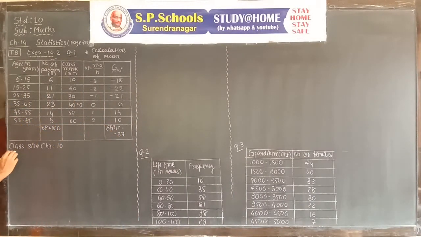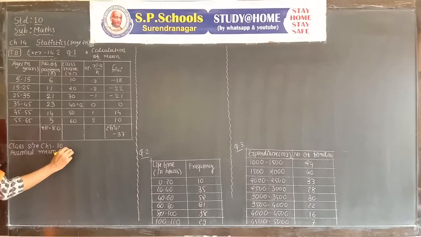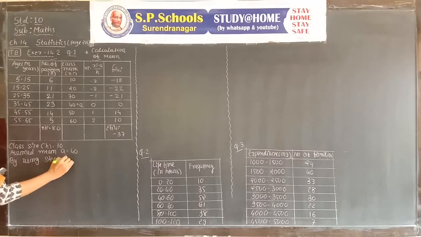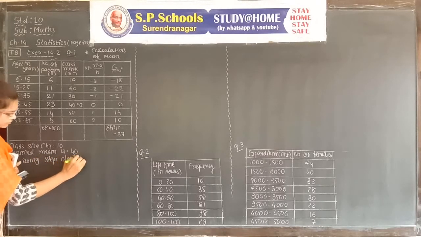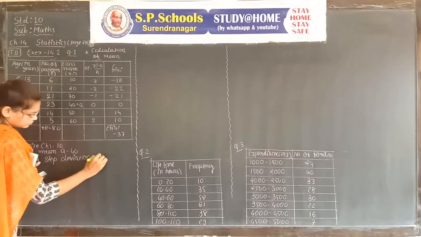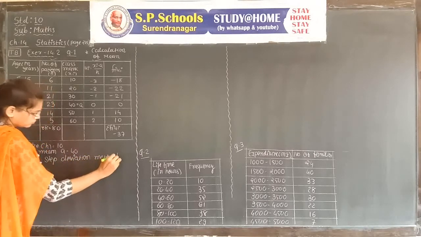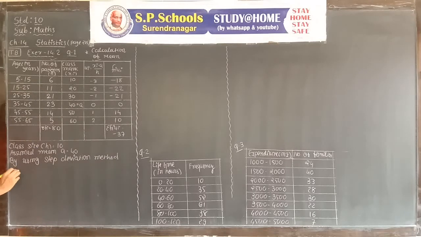Here the assumed mean A is equal to 40. By using the step deviation method, x bar is equal to A plus sigma Fi Ui upon sigma Fi into h.